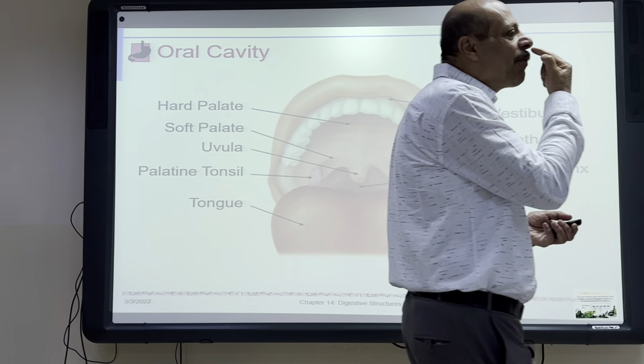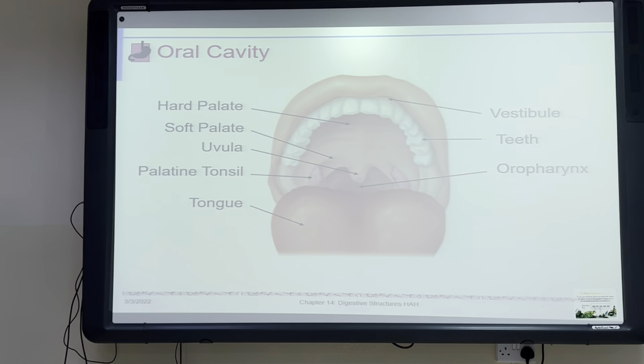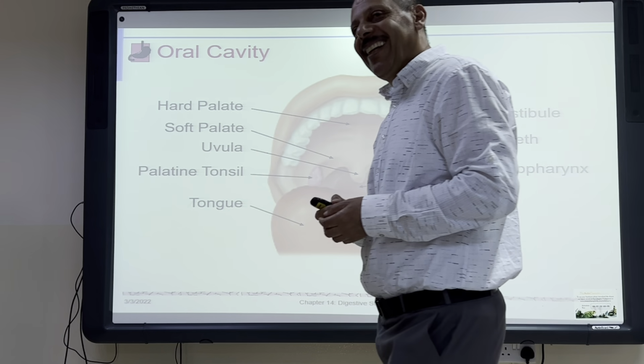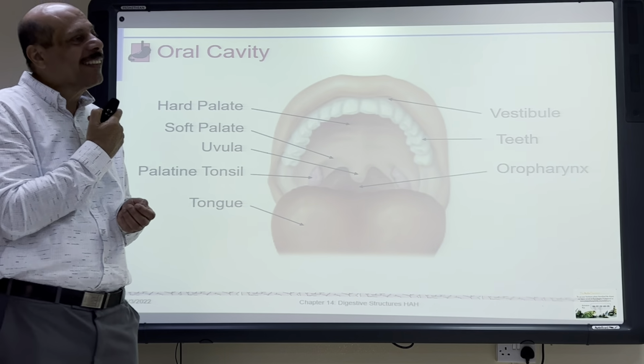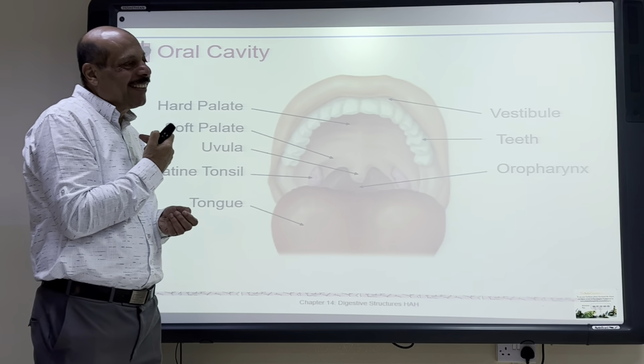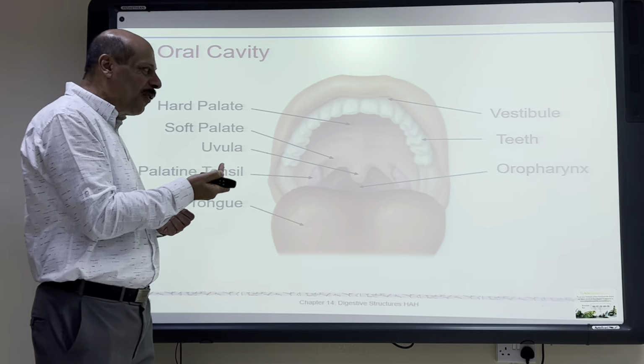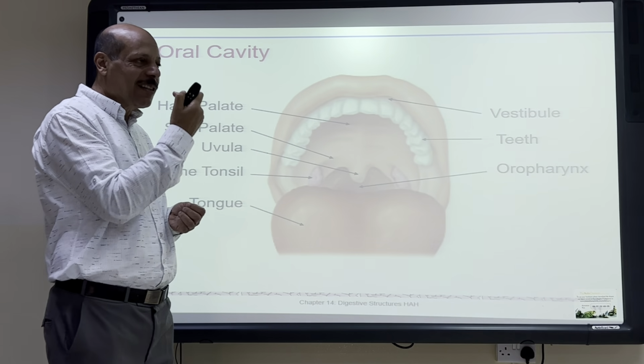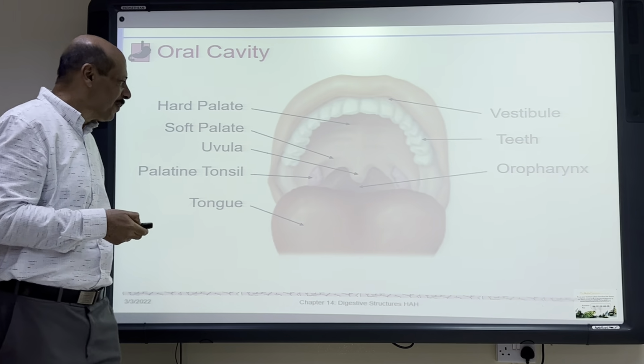What is above the mouth? What do we have? Nose. So it is the nasopharynx. Then what is down? So we have the nasopharynx, oropharynx, and laryngopharynx.